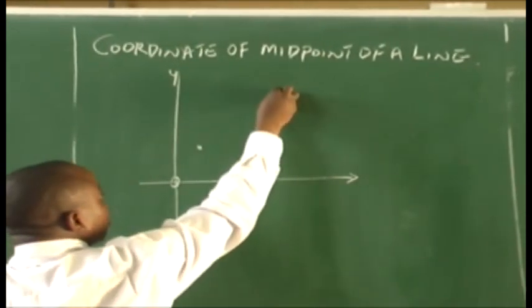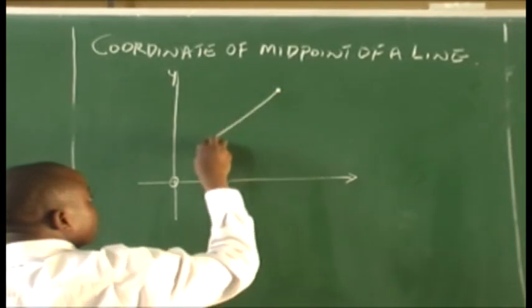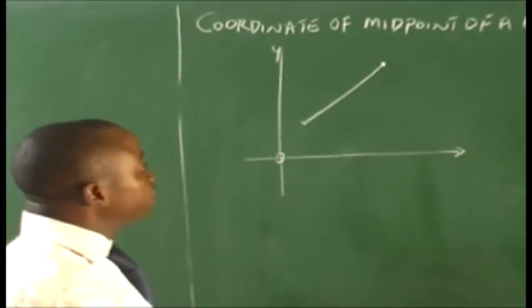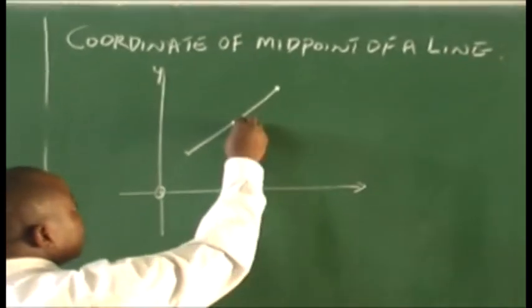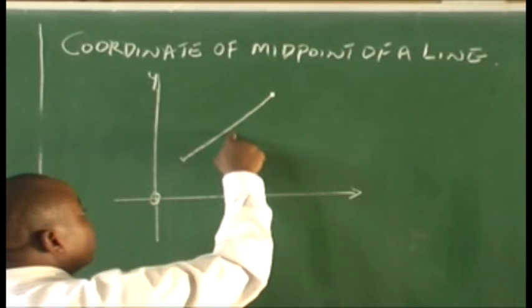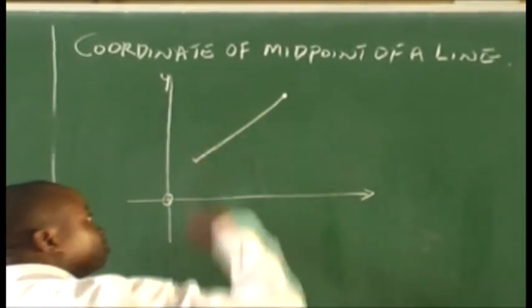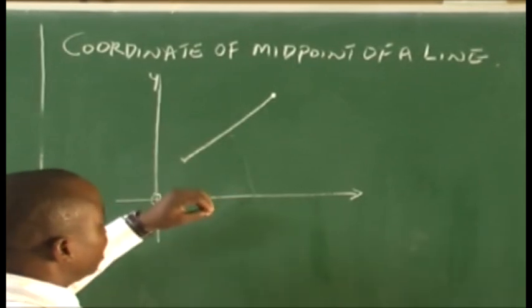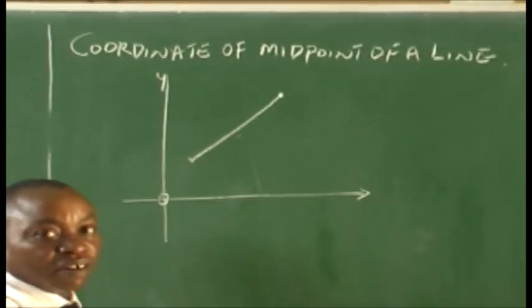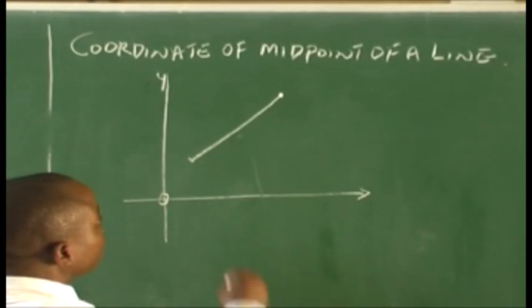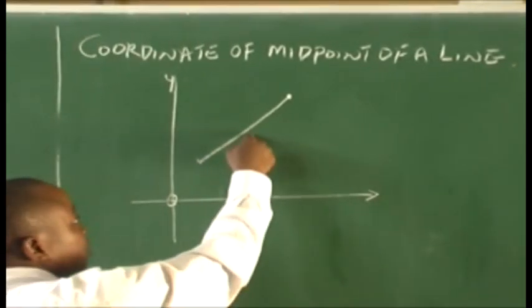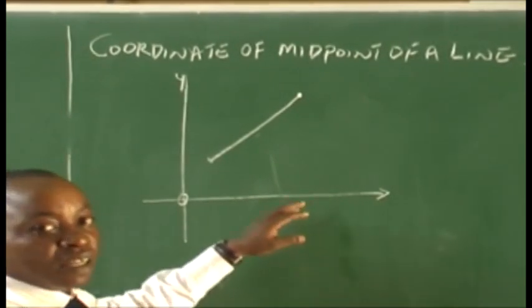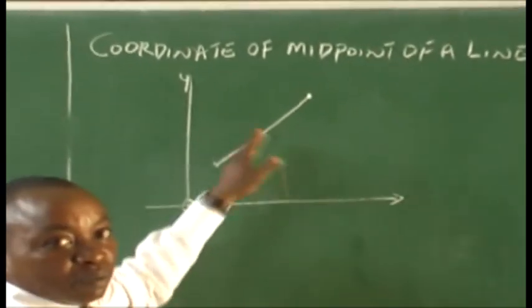If I join these points, I have a straight line. Then my interest is, how will I know the middle of this straight line, the midpoint, and what are the coordinates of this midpoint? I cannot just assume that here may be the middle, or here may be the middle. But I have a formula with which I can really know the midpoint.